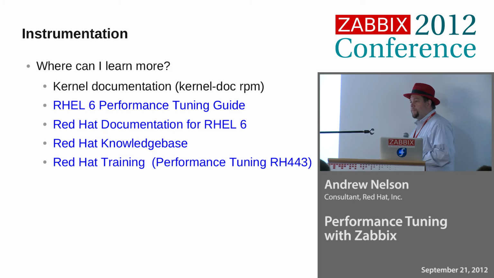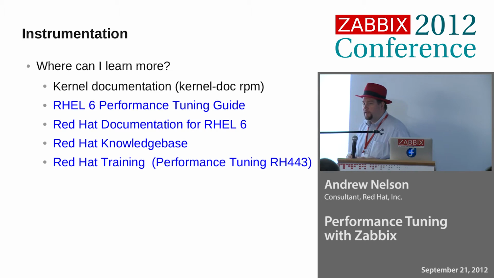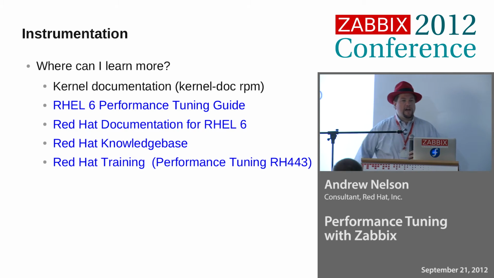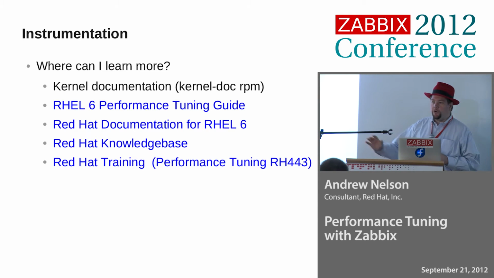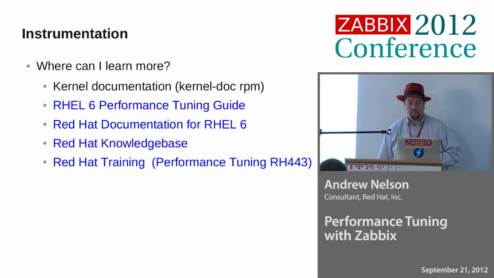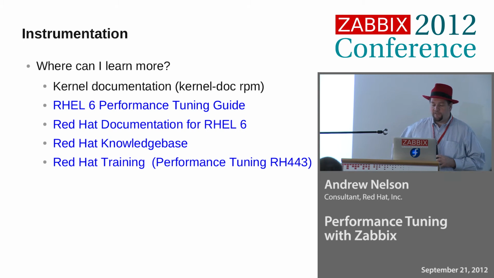So where do we find more information? That's always an important thing. The kernel documentation is always going to be the best source of information. "Go to the source" is kind of a common mantra that you'll hear from people.